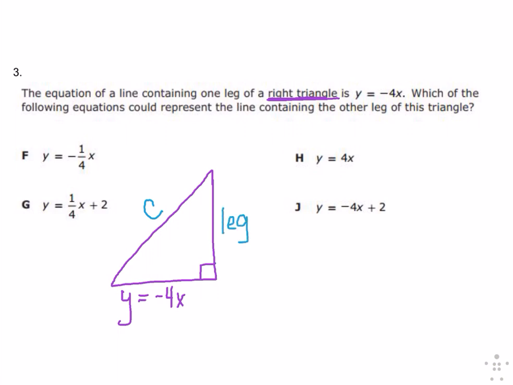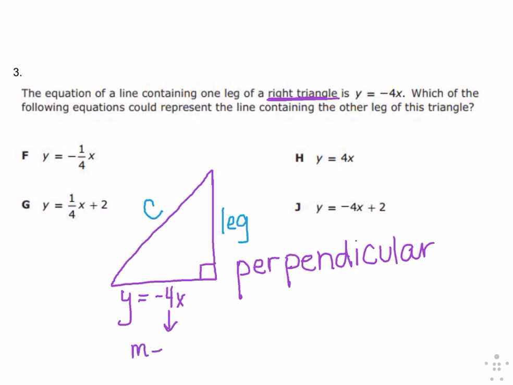So we see that they're going to intersect at a 90-degree angle. That means that these two lines would be perpendicular. So that means that they're going to have different slopes. Let's look at the slope of the first leg that was given to us.